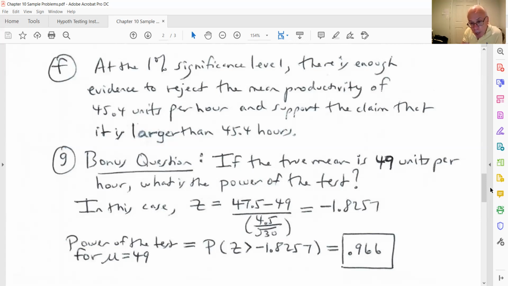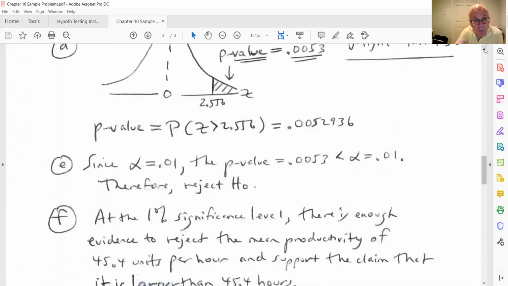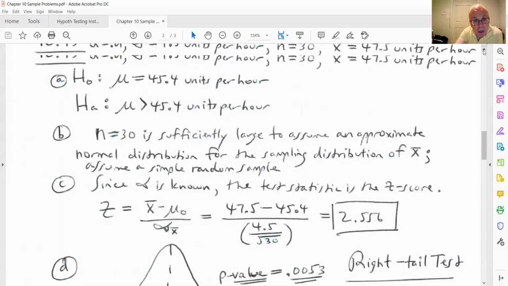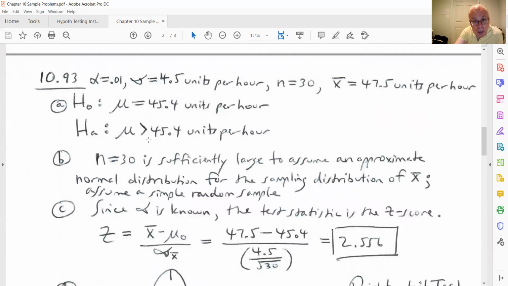So it's the same direction. If the alternative hypothesis says greater than, then it's greater than also for the power of the test, because in both cases we're rejecting the null and supporting the alternative. So that's the general rule, I believe.